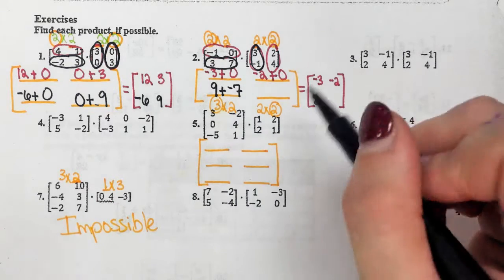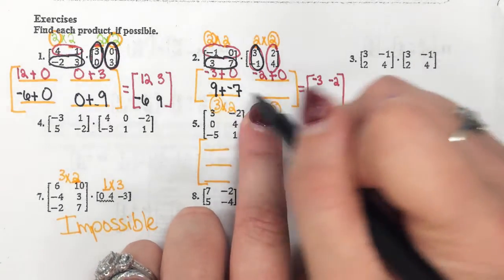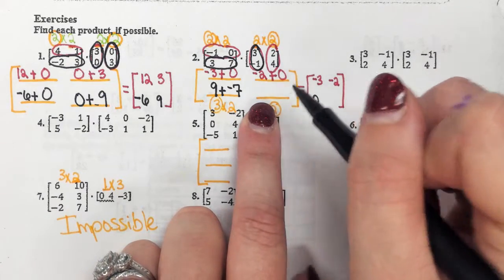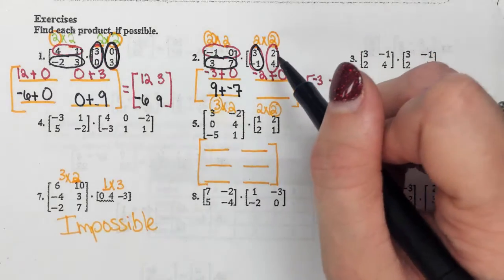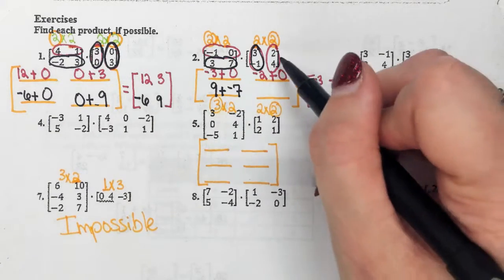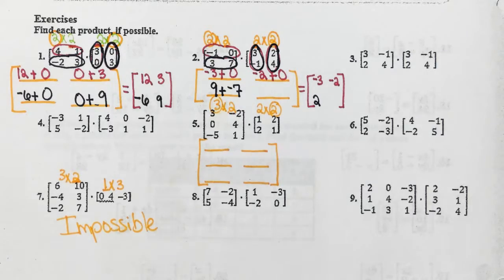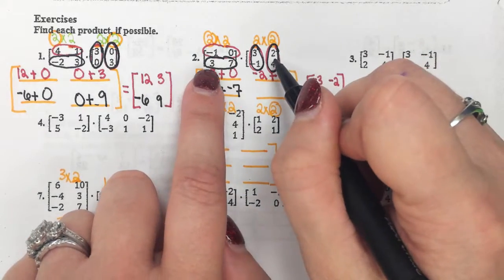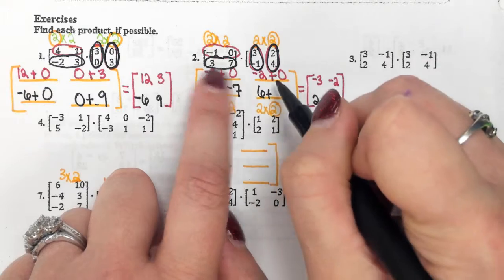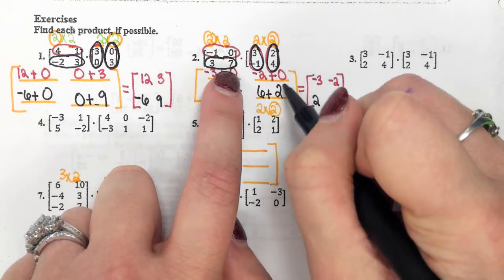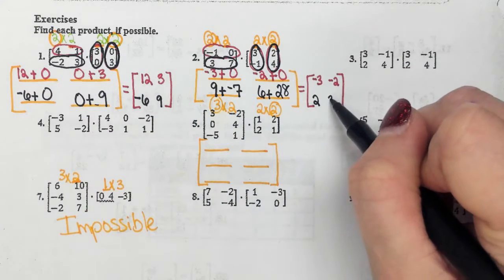So this guy is in the last row and the last column, so you get 3 and 7, and 2 and 4, right? So we have 3 times 2 is 6, and 7 times 4 is 28. Add them together and you get 34.